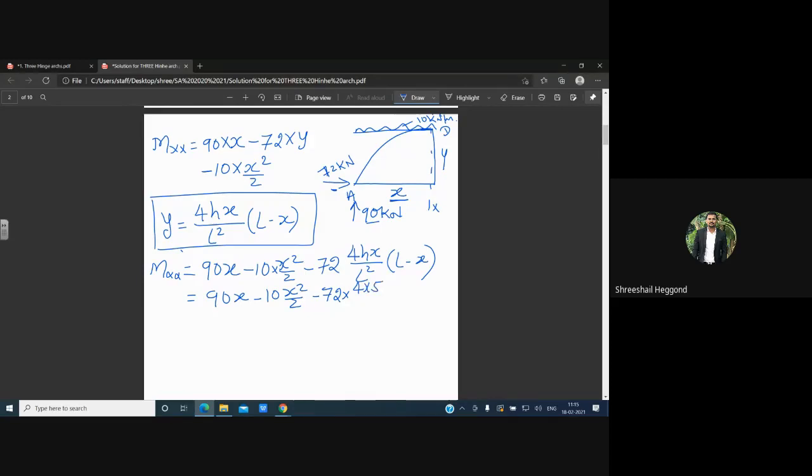The L value, the span length, is given as 24, into 24 minus x. This will be our equation for finding out the Mx, the moment. Here the x value is unknown and we have only one equation. This can be written as equation number 1.